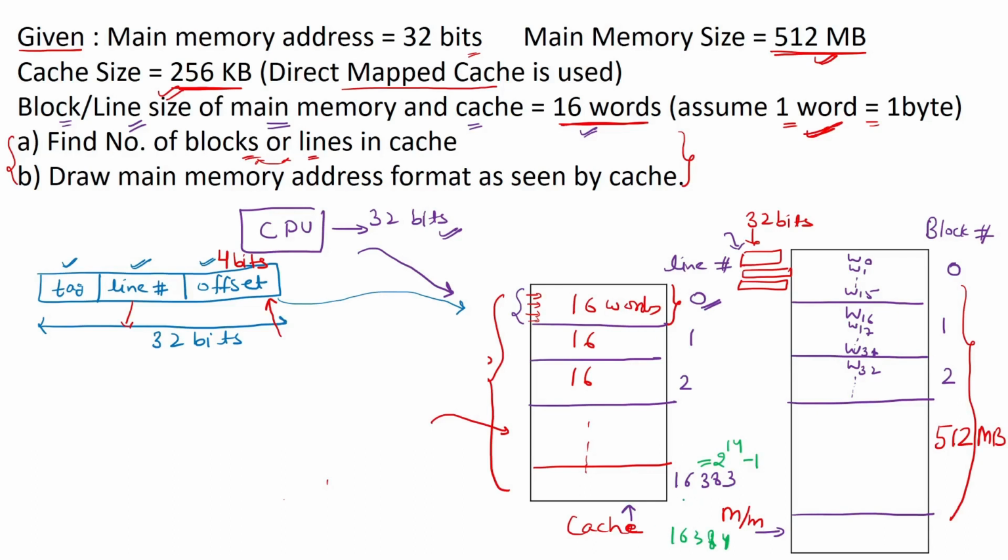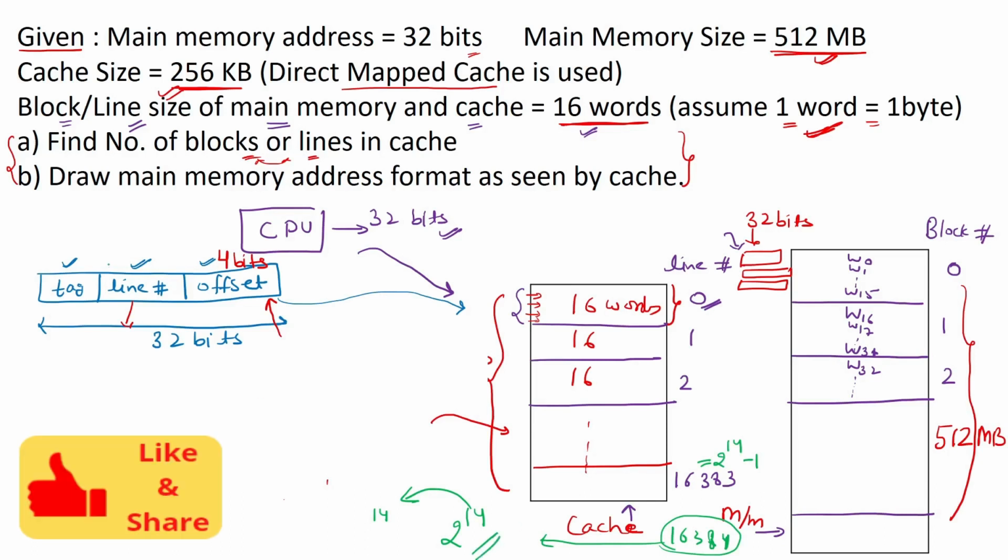To address this number of lines, which can be expressed as 2 to the power 14, we again need 14 bits. So this line number will be 14 bits.